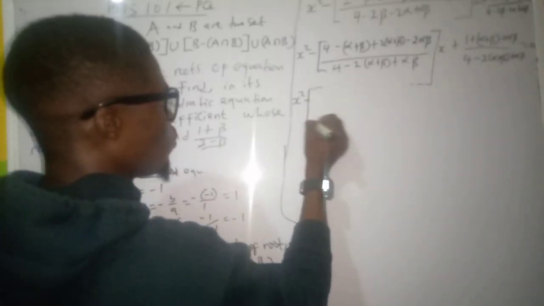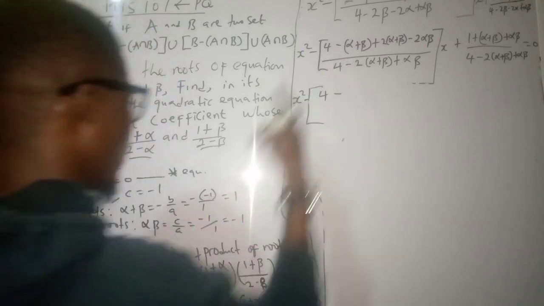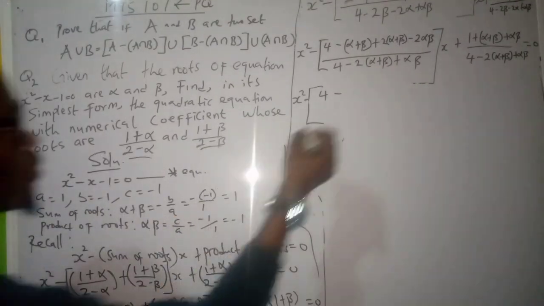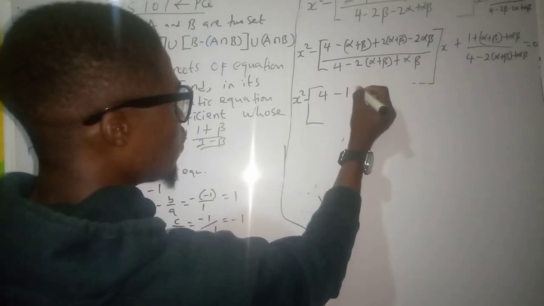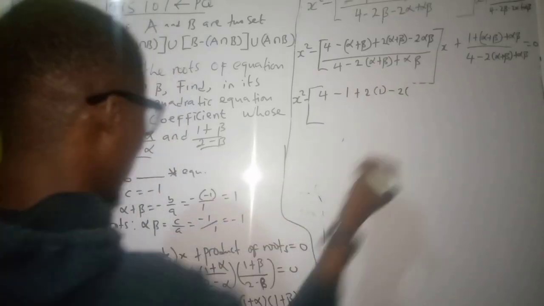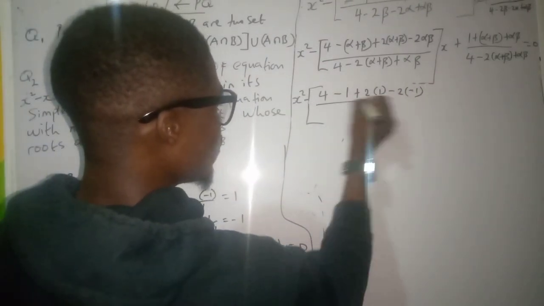So we now have x squared minus... what's our sum of roots? Our sum of roots was 1. So that's 1 plus 2 into 1, minus 2 into our product, which is minus 1. Very simple.